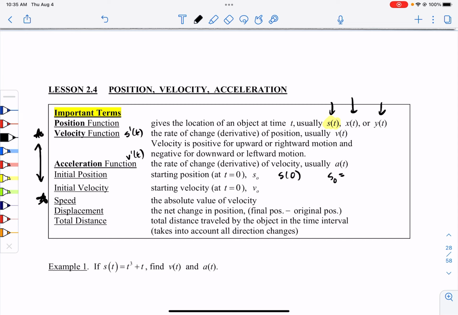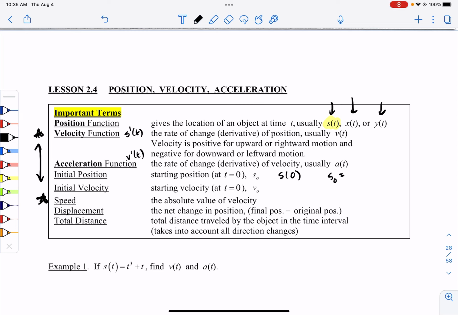Displacement is your change in position. So where you ended minus where you started, okay? If you started at 5 feet and you ended at 25 feet, your displacement is 20 feet, all right? Your total distance is different because your total distance is the amount of distance you traveled.